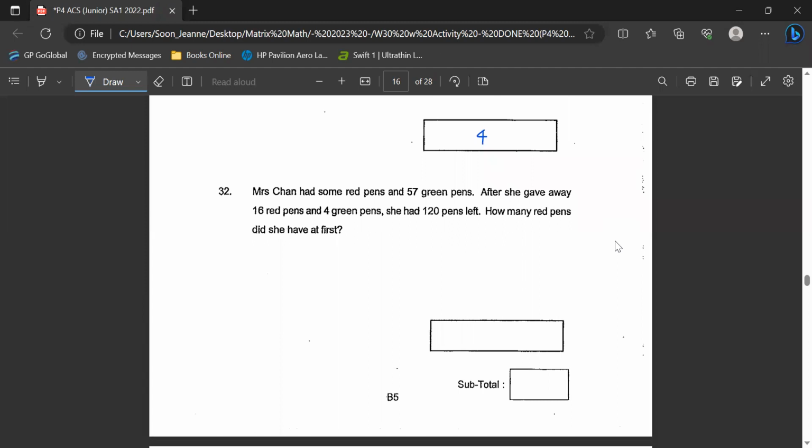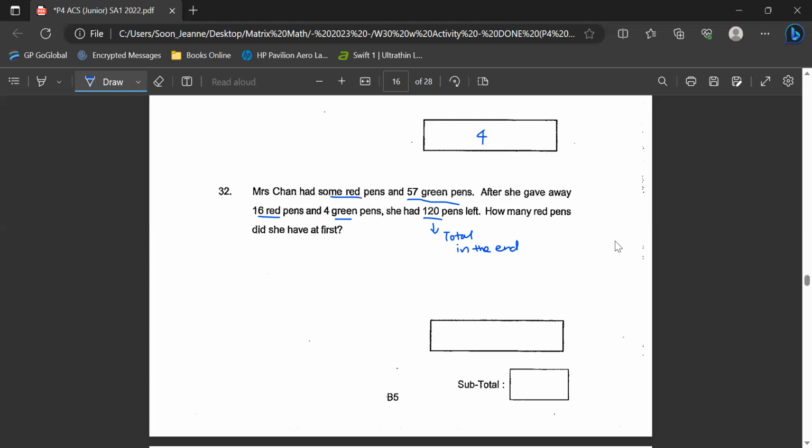Mrs. Chan had some red pens and 57 green pens. Okay, red pens, I don't know, but I know the number of green pens is 57. After she gave away 16 red pens and 4 green pens, she had 120 pens left. How many red pens did she have at first? So this 120 is actually the total in the end, which means it's a mixture of red and green.